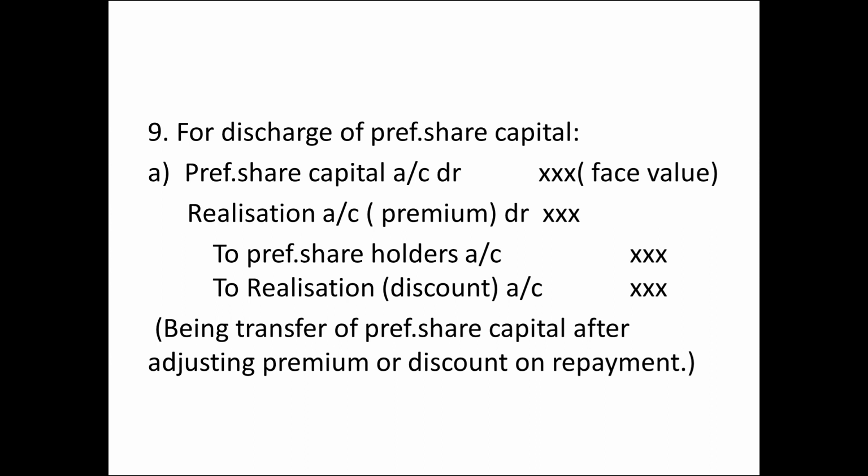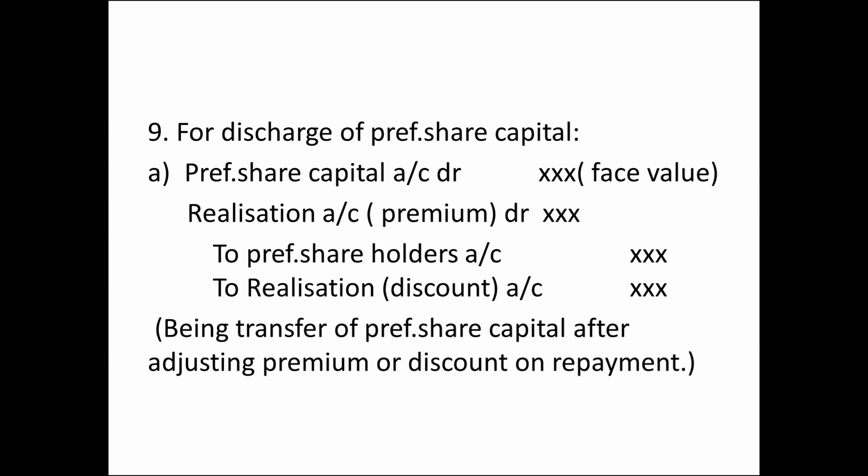If it is paid at premium, the entry will be preference share capital account and realization account debit to preference shareholders. Clear? If the same preference shareholders are settled at discount, then the entry is preference share capital account debit to preference shareholders account and to realization account. This is the entry when the preference shareholders are settled at discount, right?